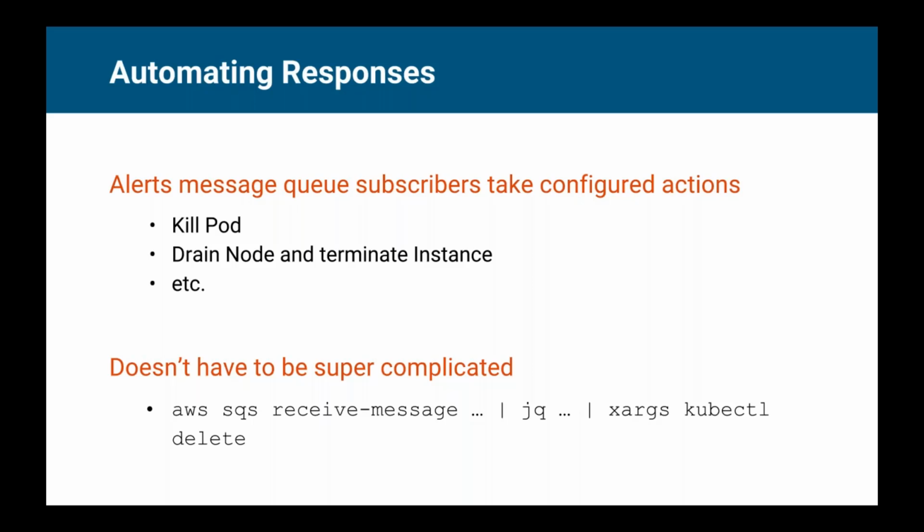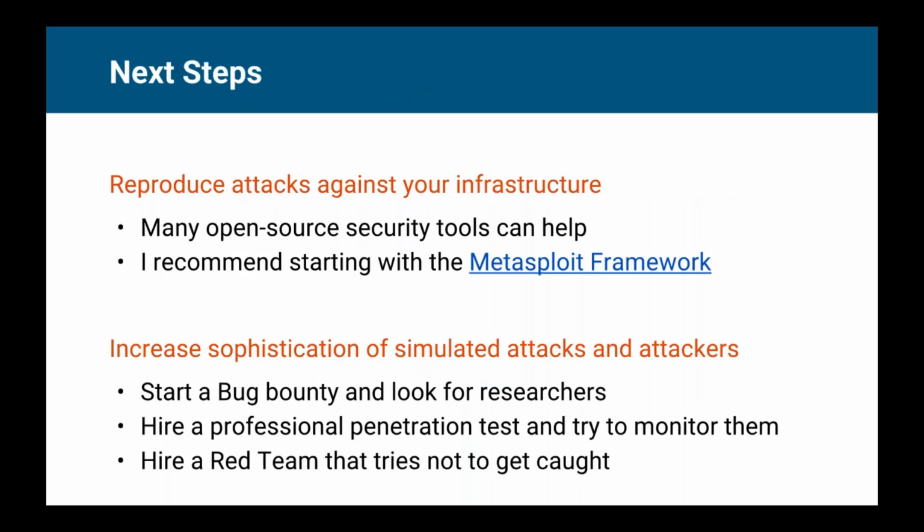And this is another area where you can invest a little more into automation and building in this infrastructure. So as you have the architecture laid out, the next steps that really help are increasing the sophistication of this in line with the sophistication of the attacks against it. So start with reproducing any attack that you can via open source security tools.